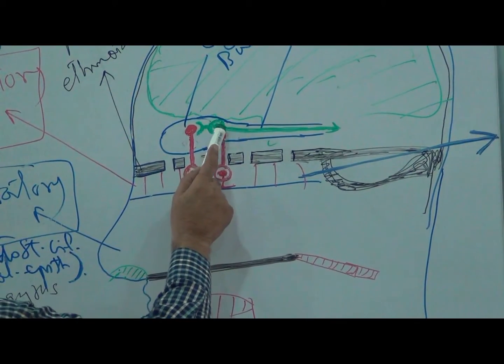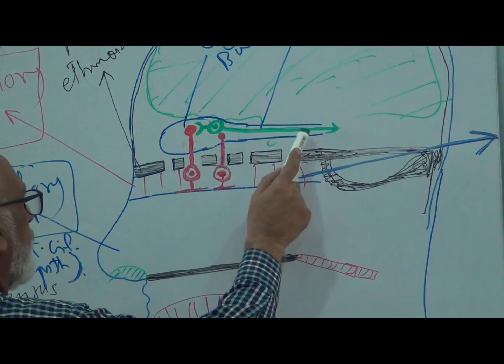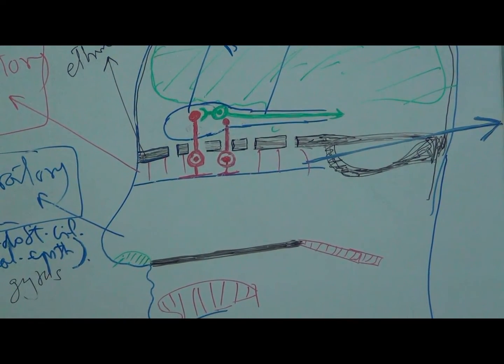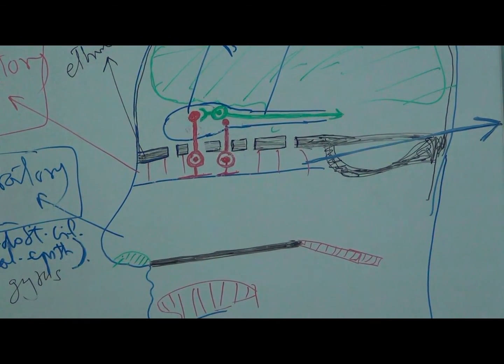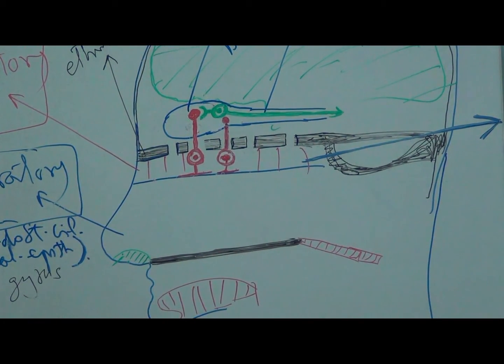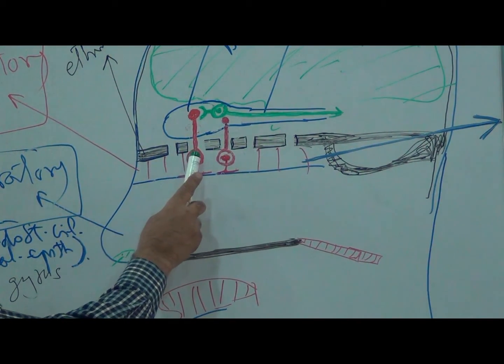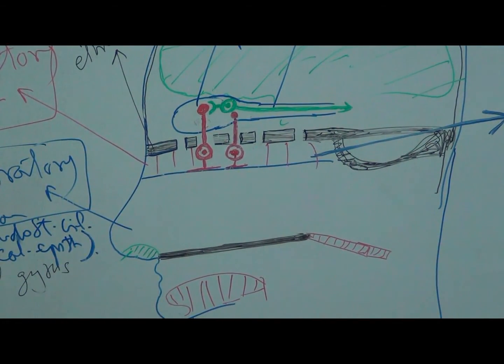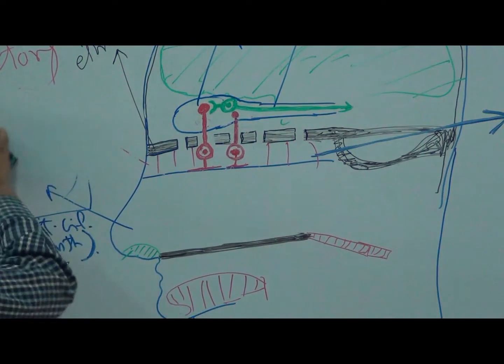Then the axons of these neurons pass towards the other parts of the rhinencephalon, forming a tract known as the olfactory tract. These olfactory neurons in the olfactory mucosa are also known as the primary olfactory neurons.